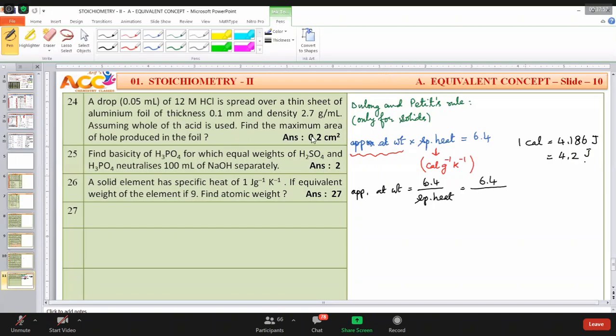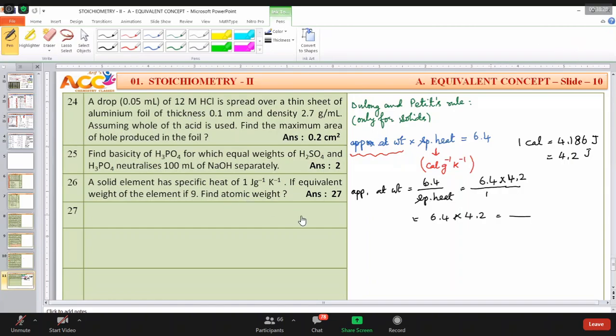Now, if it is 1 joule, we have to divide it, so I should say 1 divided by 4.2. Now it is 6.4 by specific heat. Specific heat has been changed. What is the answer? 6.4 into 4.2.